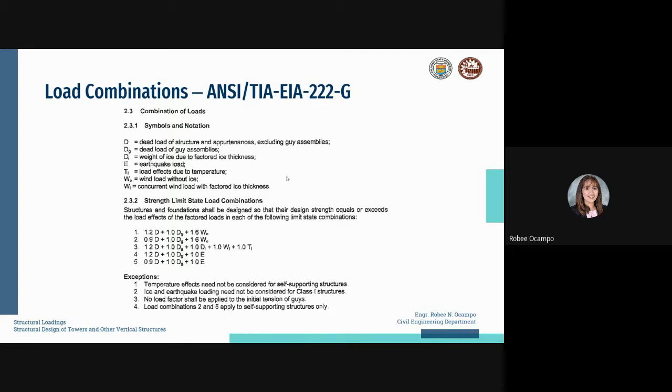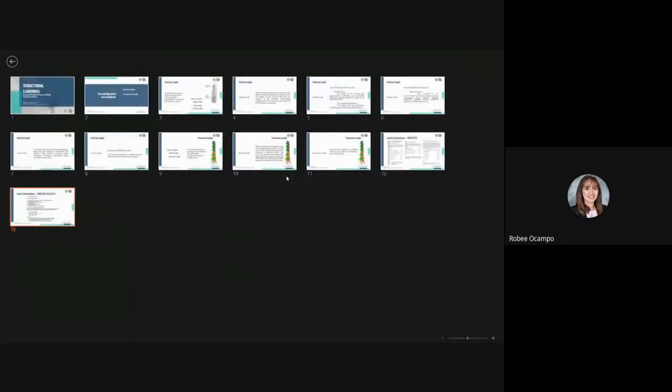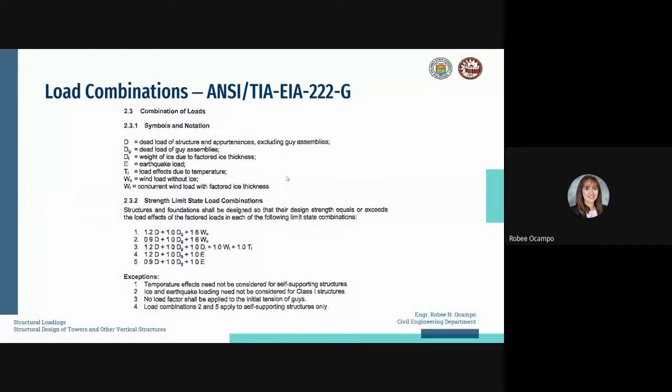When we use software, particularly MS Tower, we're going to be using this set of load combinations. Okay? Because according to the NSCP, from the load combinations to the analysis and design of your steel members, we're going to use the TIA. Okay?